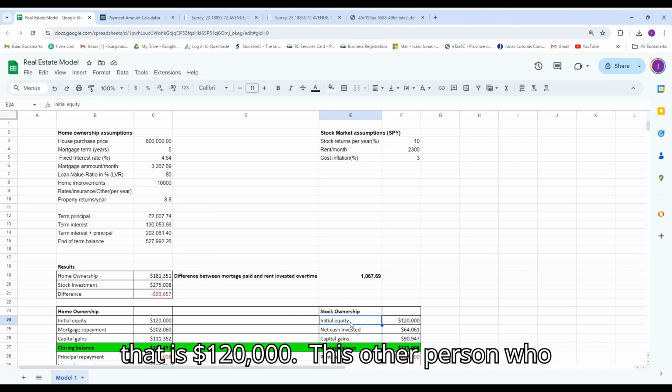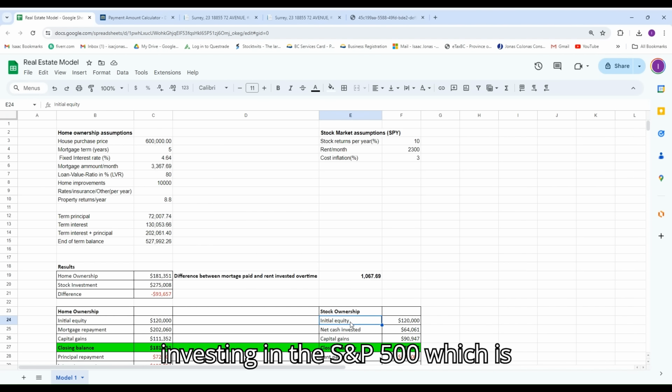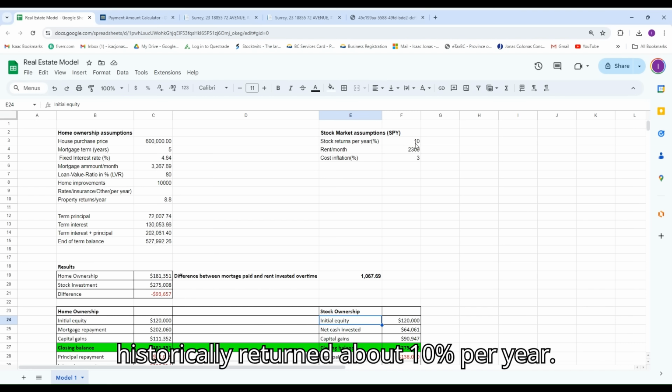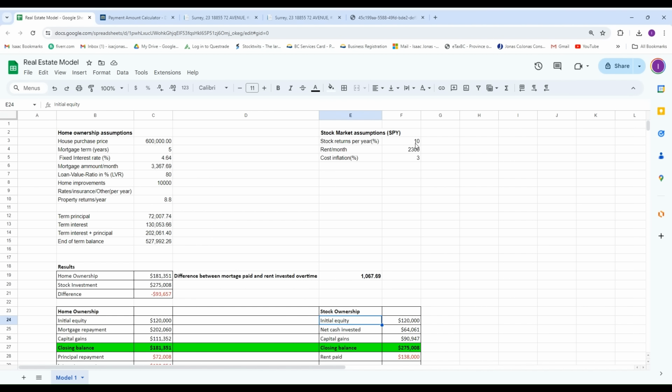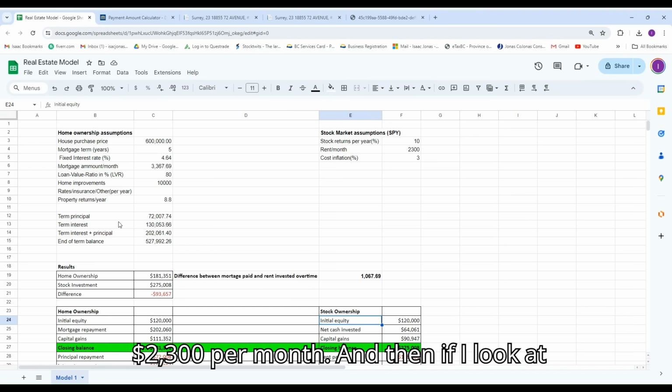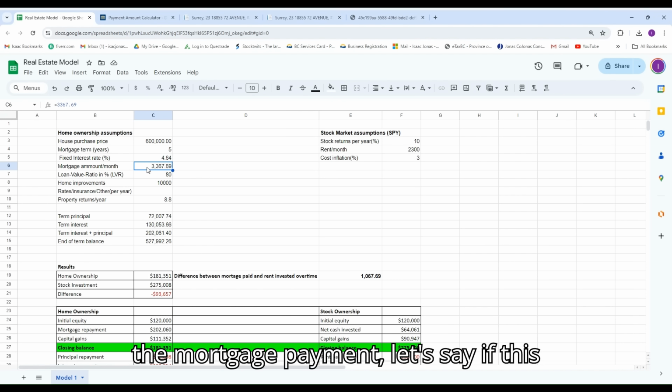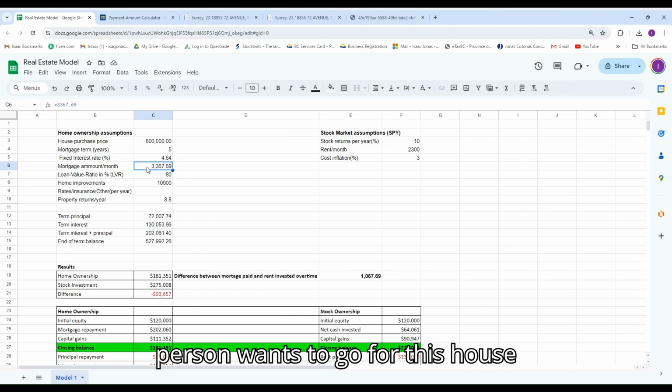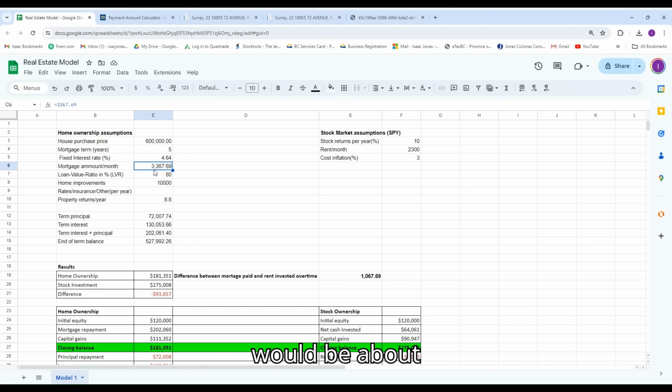This other person who is investing in the stock market is investing in the S&P 500, which has historically returned about 10% per year. The rent, roughly in the Abbotsford, Surrey area, is like 2,300 per month. And if I look at the mortgage payment for this house, it would be about $3,367 per month.